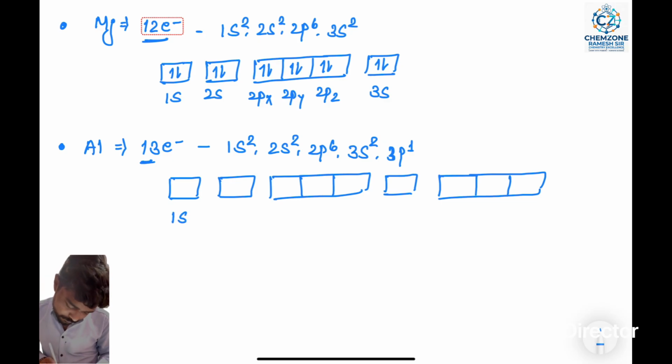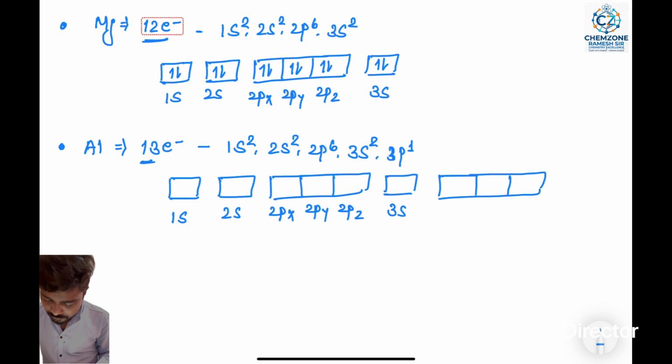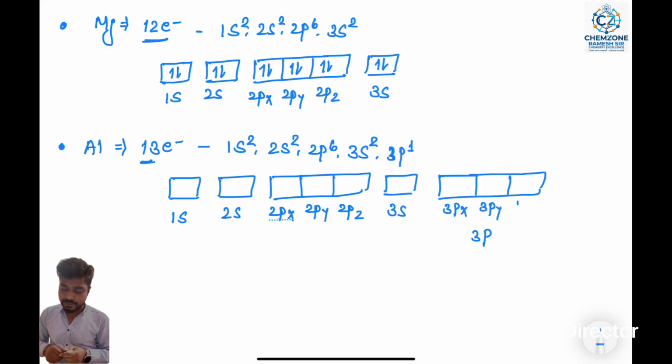So 1s, 2s and 2px, 2py, 2pz and 3s, and this one is your 3p orbital, and the nomenclature is 3px, 3py and 3pz.